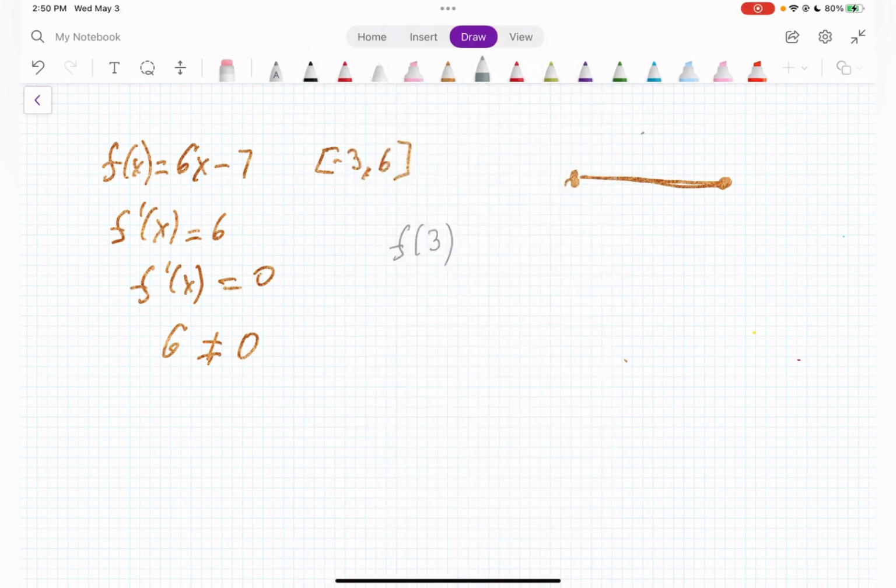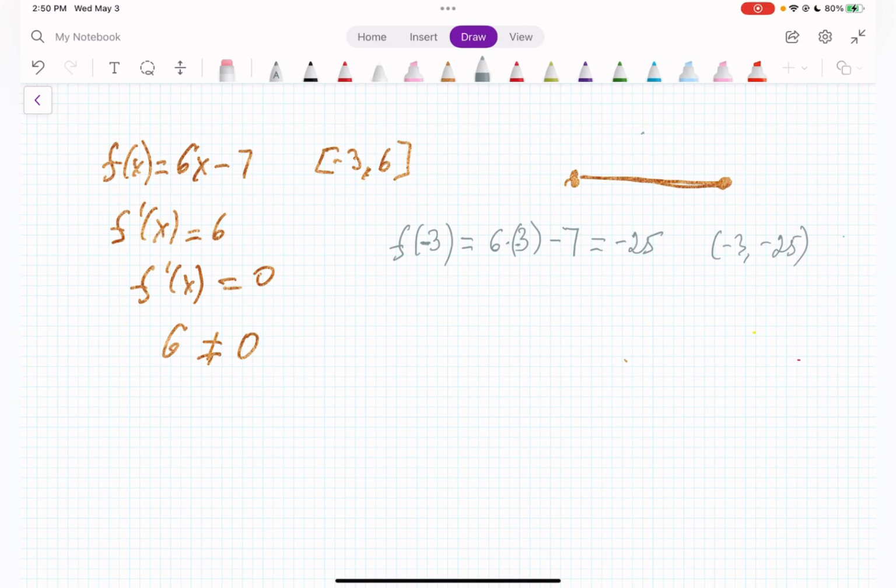So f of -3 is going to be equal to 6 times -3 minus 7. So we are getting -18 and -7 is going to be -25. So we have -3, -25. We know this is a critical point, but max or minimum we don't know yet.